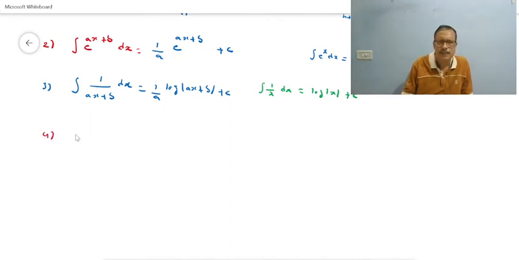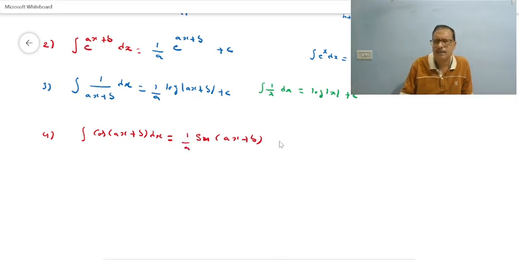Suppose the integral of cos of ax plus b dx. What is the formula of integral of cos x dx? Sin x. So we write sin of ax plus b, but we write the coefficient of x, that is a, in the denominator, plus constant. So integral of cos of ax plus b dx is 1 by a into sin of ax plus b plus constant.